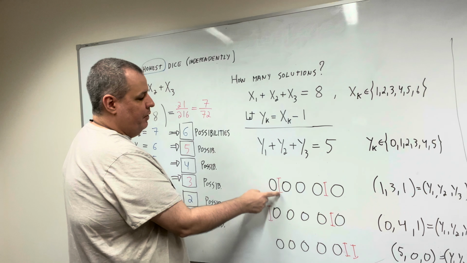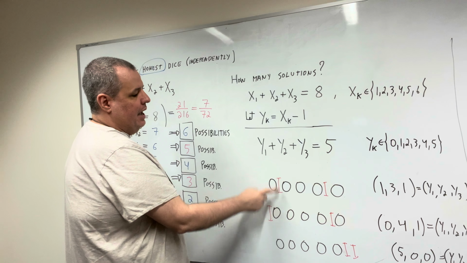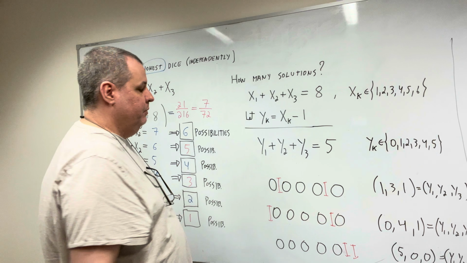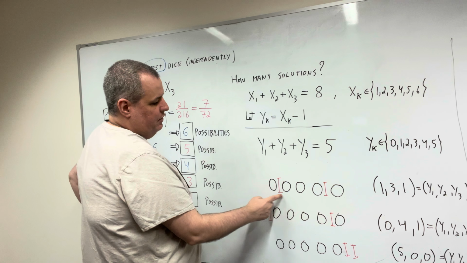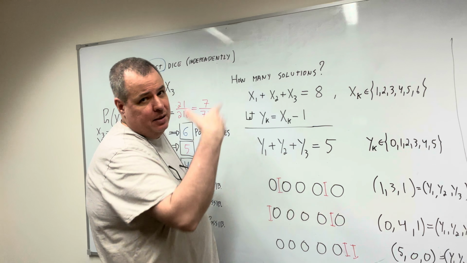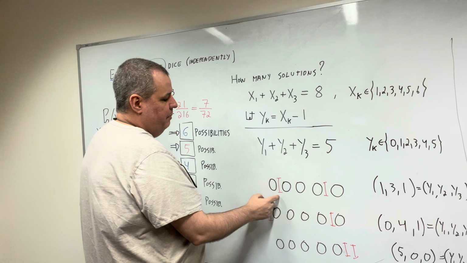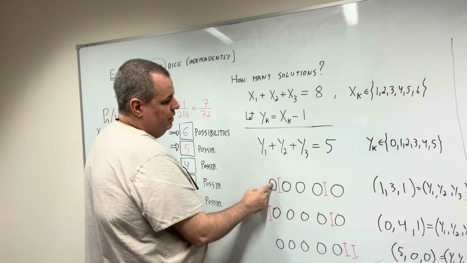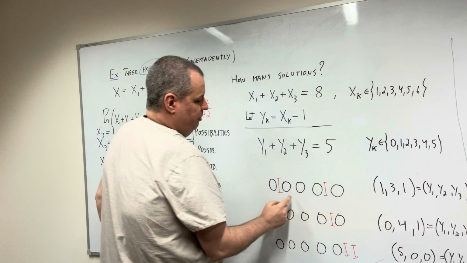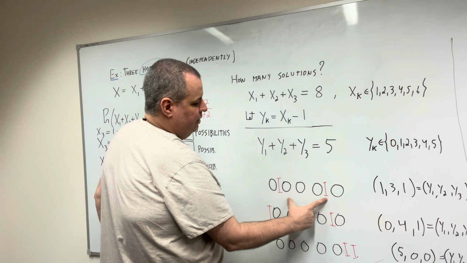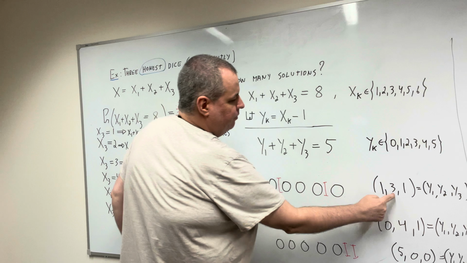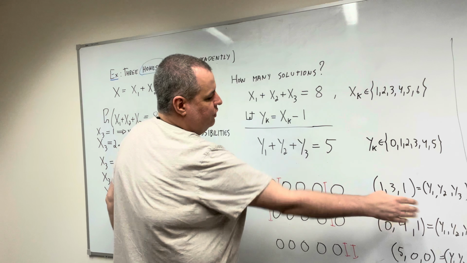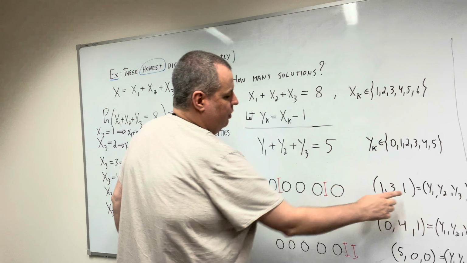I will put in separators, these red ones here. So for this particular example, on the left of my first separator, I have 1 ball. Between the first separator and the second, I have 3 balls. And to the right of the second separator, I have 1 ball.